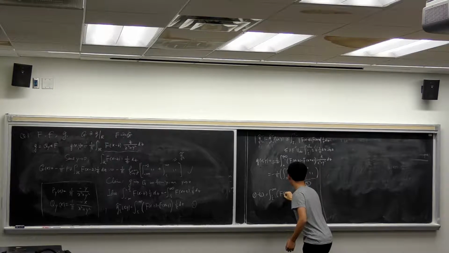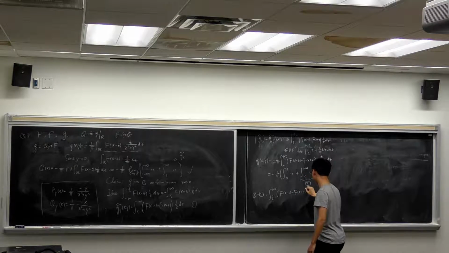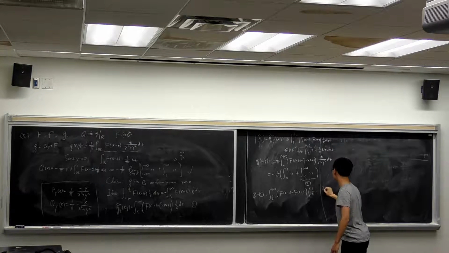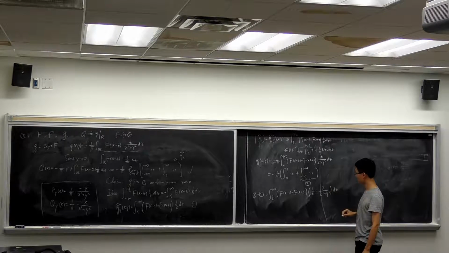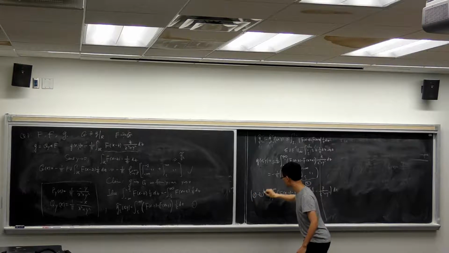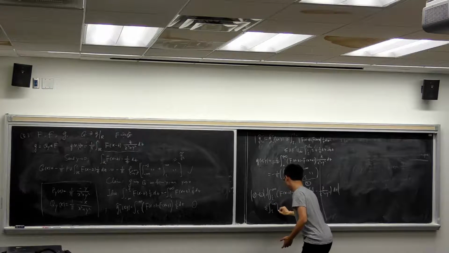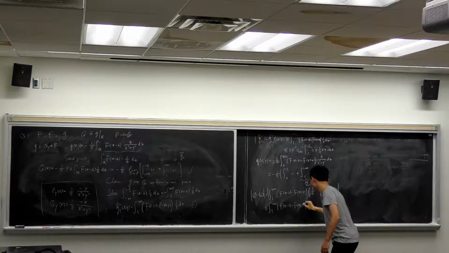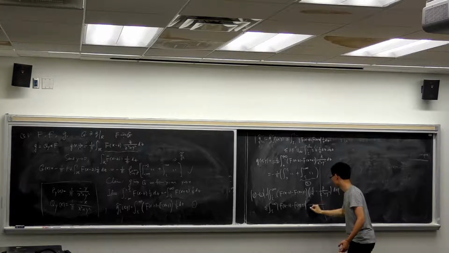What's left is f, this difference is in common, but what we need to compute is 1 over z minus z over z squared plus y squared, dz. Maybe absolute value on both sides. It's basically the same idea, but we need to compute the difference of the kernel. The difference of the kernel has common denominator z squared plus y squared.